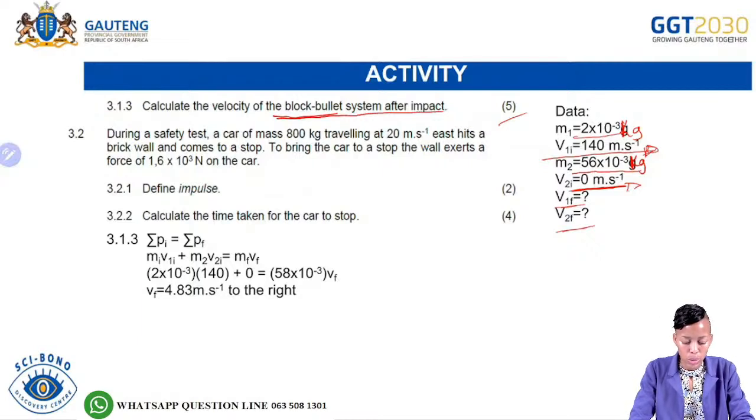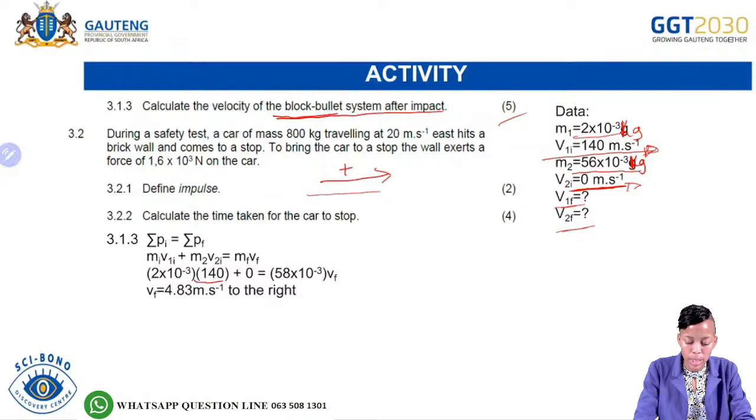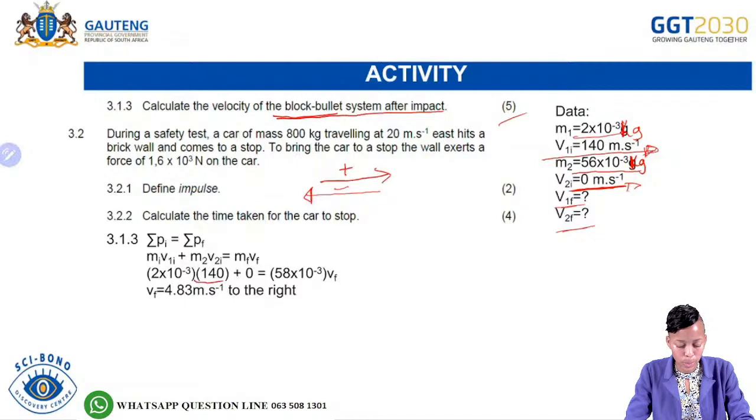Remember that the bullet was moving to the right. So therefore, we are going to take right as positive. If right is positive, it means that left would therefore be negative.